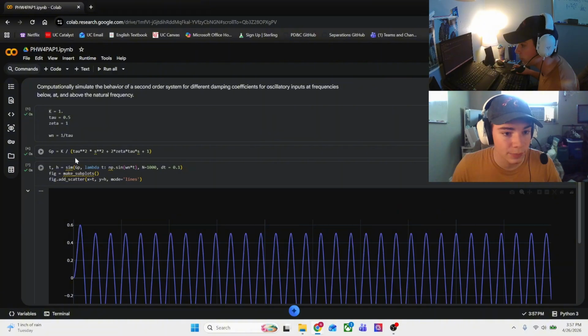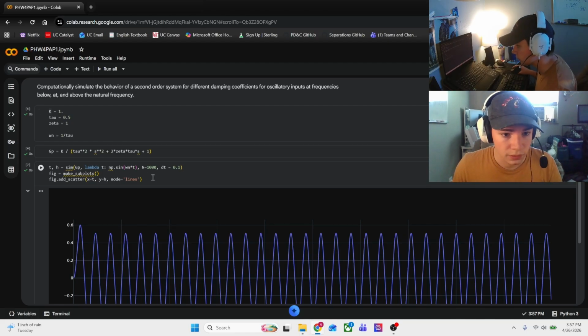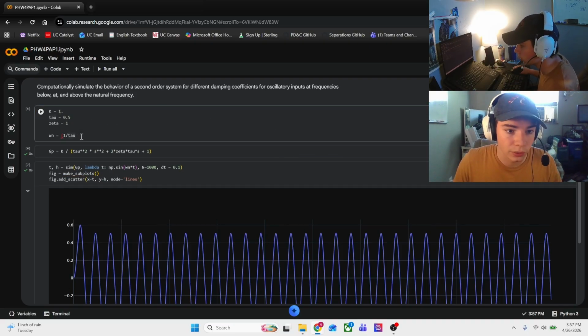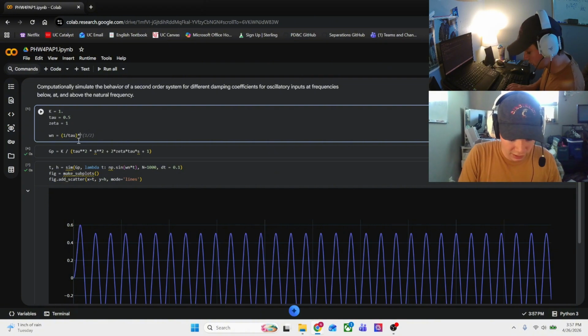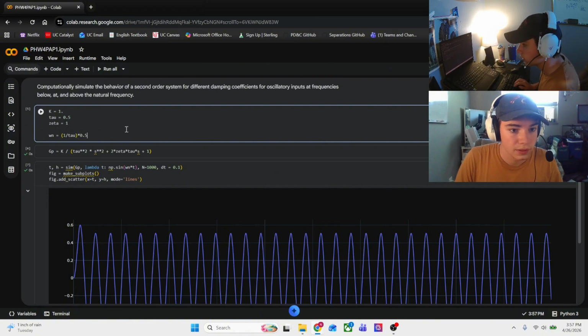So let's see what happens when we alter this frequency factor. So if we go below the natural frequency, we'll say times 0.5. Let's see what happens.